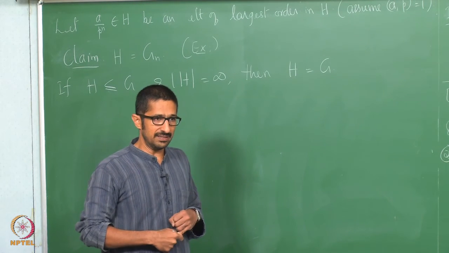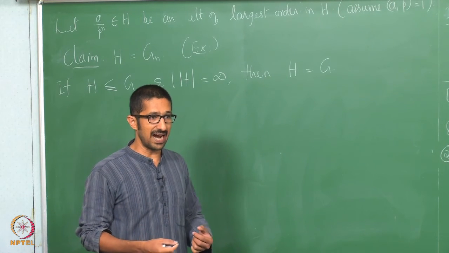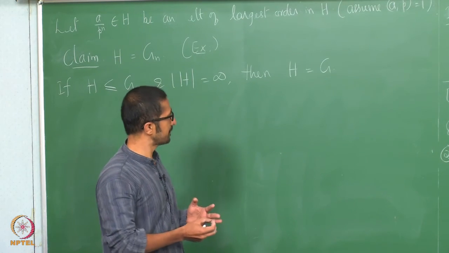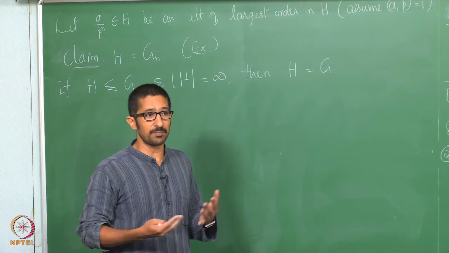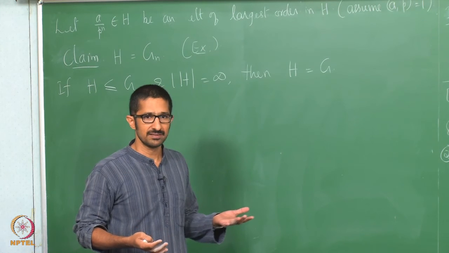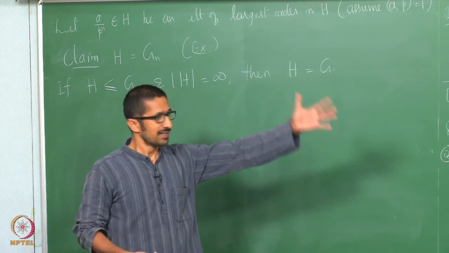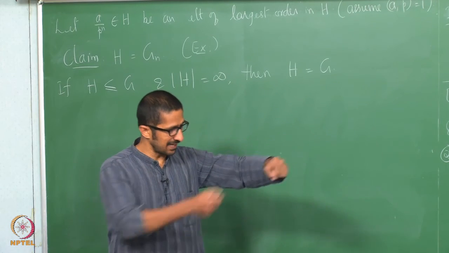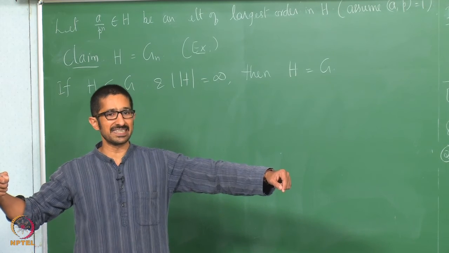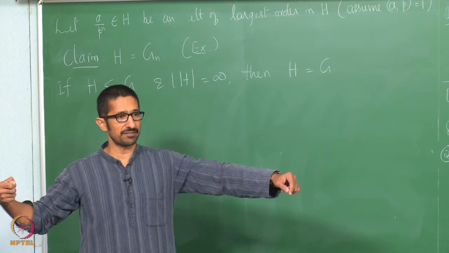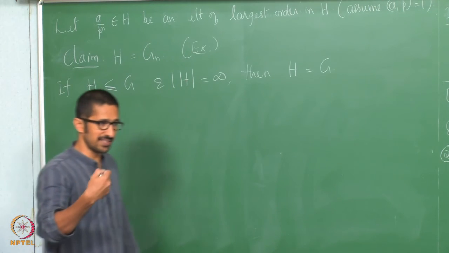But now, what about the descending chain condition? I start with a submodule of G. How does any submodule of G look like? G n for some n. Now, you start with G n, there are only finitely many G m's contained in G n. So, therefore, it satisfies the Artinian property or descending chain condition.